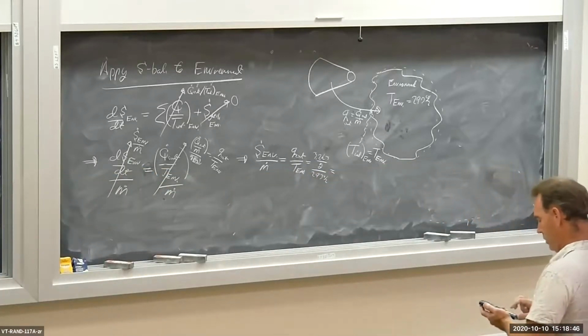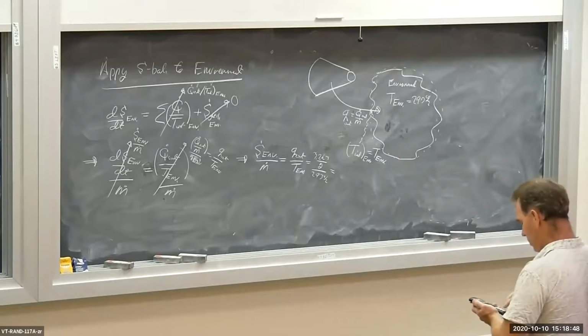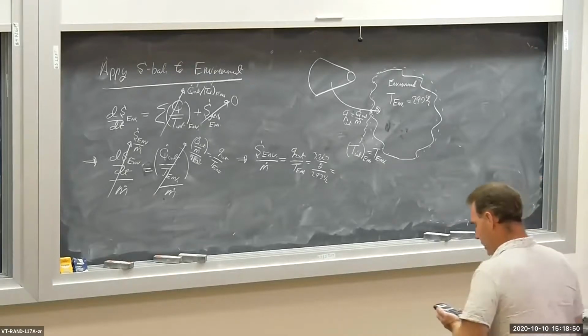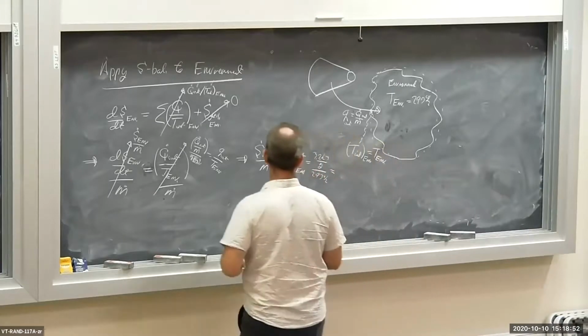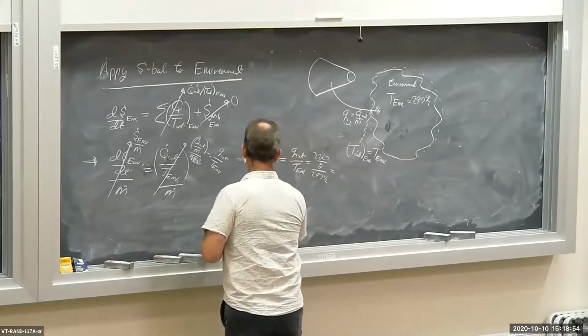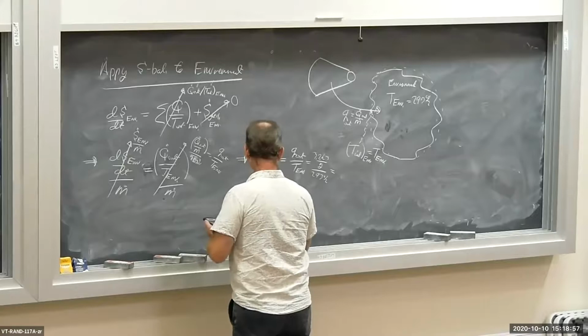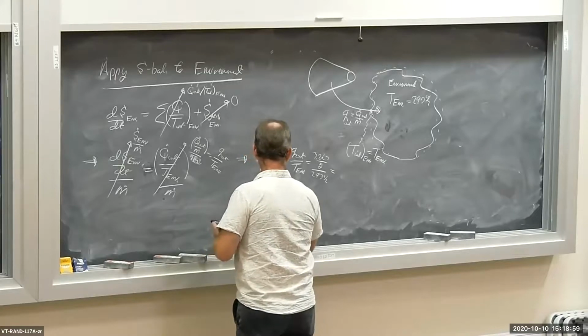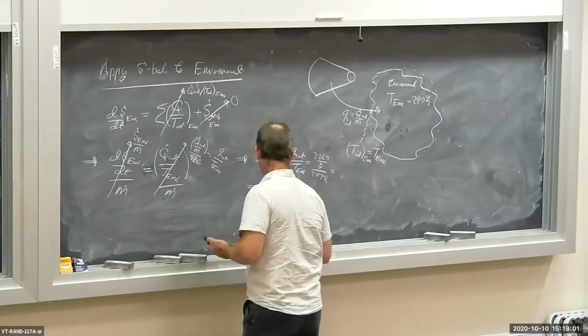Let's see, 3.2 divided by 293, and I get 0.011 kilojoule per kilogram Kelvin.